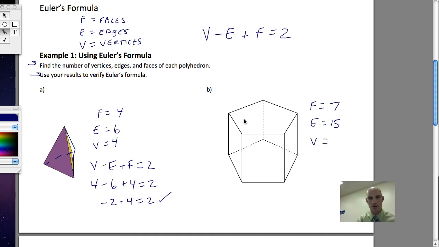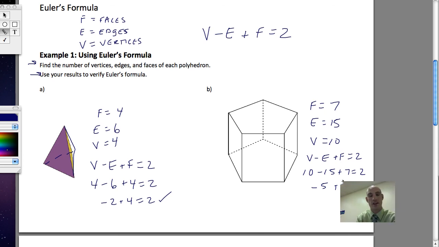And my vertices is going to be 5 and 5, which is 10. And so when I do vertices minus edges plus faces equals 2, I'm just going to fill it in. 10 minus 15 plus 7 equals 2, negative 5 plus 7 equals 2, and so it fits. Okay, that's Euler's formula. That's all we're looking at, faces, edges, and vertices.